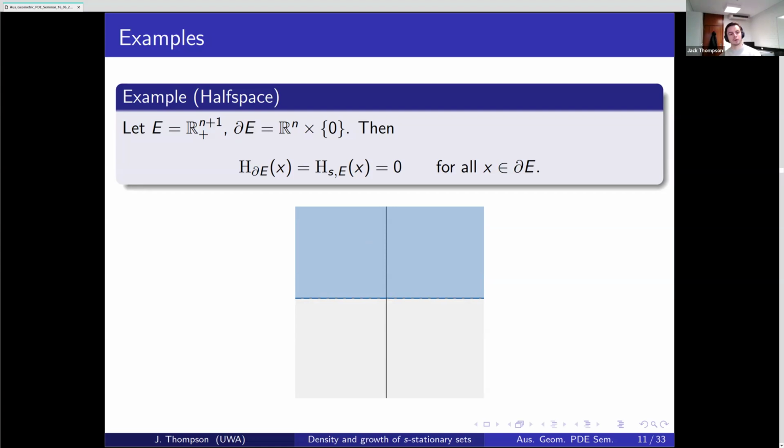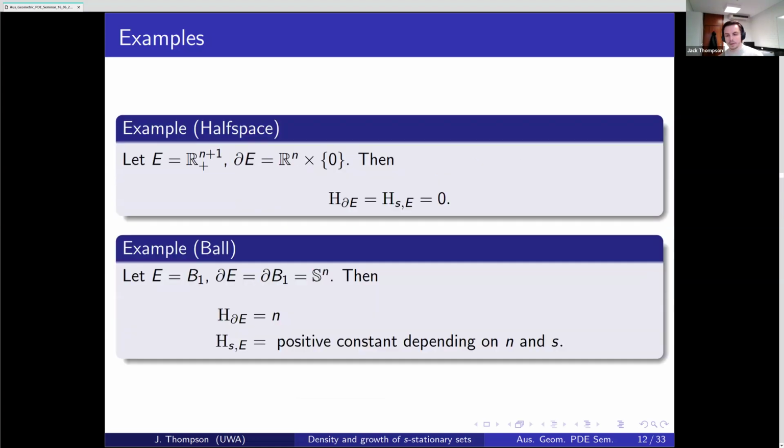Great. The second easiest example is a ball. So the boundary is a sphere. Of course, this has constant mean curvature. In the same way, this has constant S mean curvature, where the constant is different, but it's constant. And it's positive as well, I should say.